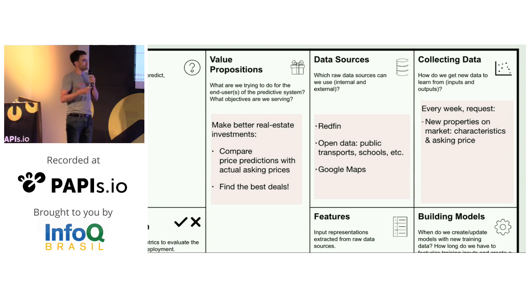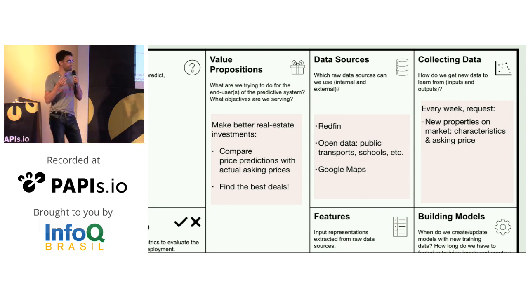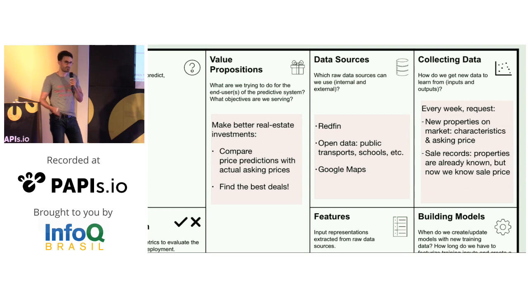So you'd get the characteristics. You wouldn't know the price of the transaction. The property has just arrived on the market, but you would know the asking price. And you would also look at all the sale records from the last week, where you'd see properties that you've already seen before, but this time you would get the sale price because these are sale records.